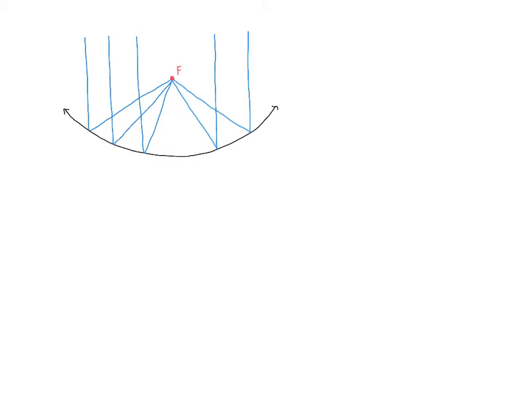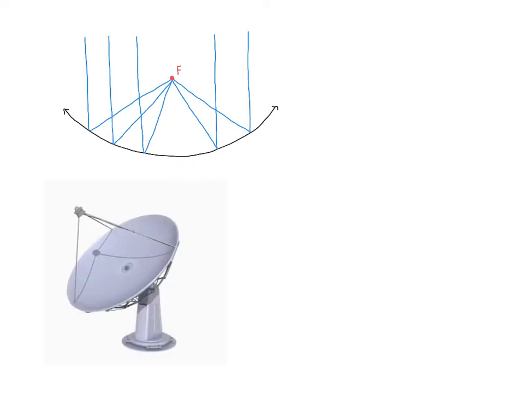And so if we have a three-dimensional version of this, right now this is just a parabola in 2 dimensions, but if you were to take a parabola and spin it around that central axis, you get a parabolic dish, that is actually the shape of a satellite dish.